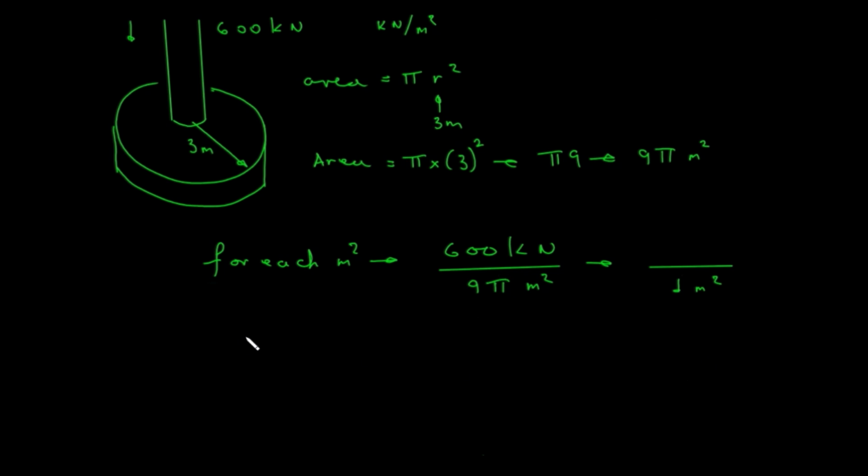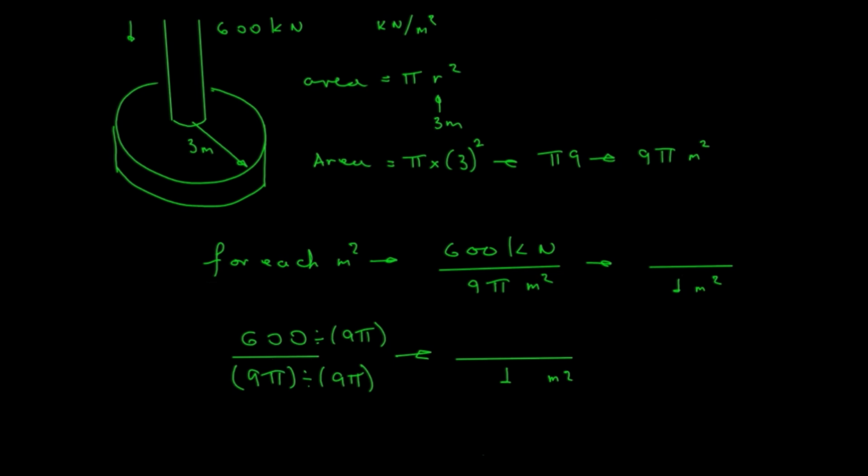Just looking at the numbers, ignoring the units of measurement for the moment, we want to change 9 pi into 1, so we divide it by itself. If we divide the bottom by 9 pi, we also have to divide the top by 9 pi. That will give us our 1, in square meters.